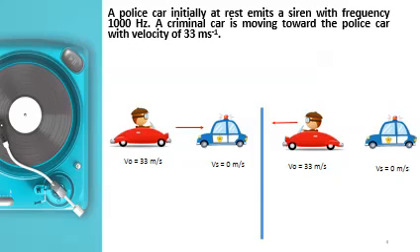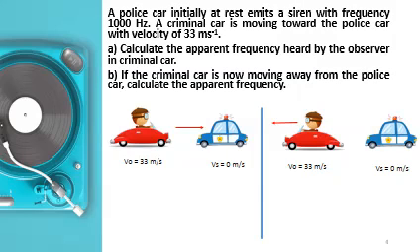Solution. Highlight the important parts of the information, which is 1000 Hz of frequency. Velocity is 33 meters per second. Calculate the apparent frequency.